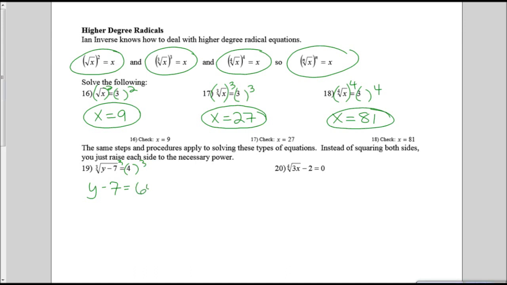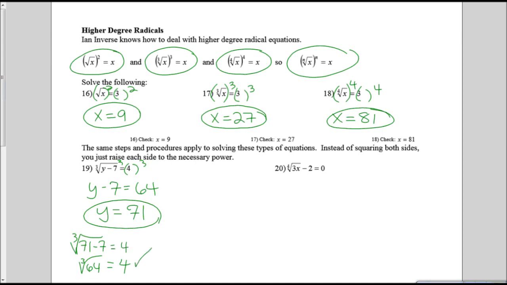And then I'd add 7 to both sides to get y by itself, which would give me 71. And if I plug back in and check, that's going to work because the cube root of 71 minus 7, that's the cube root of 64, and that's going to be equal to 4, which is the right-hand side, so I know my answer works.